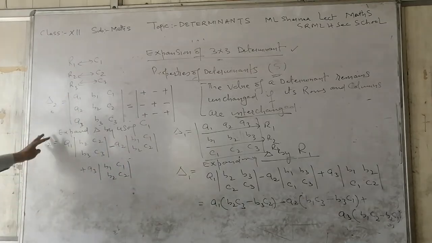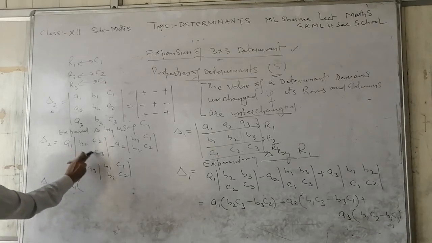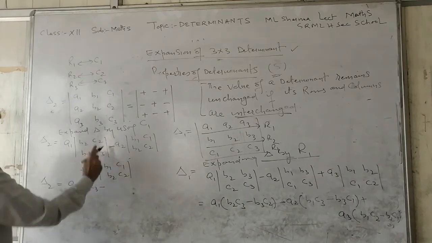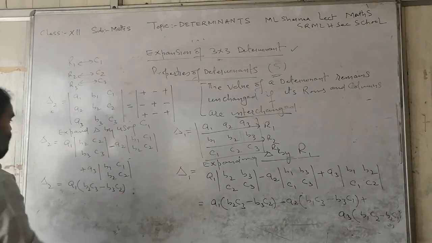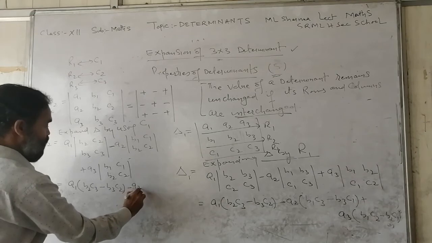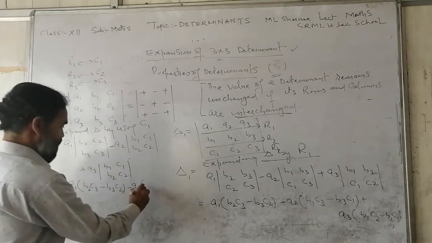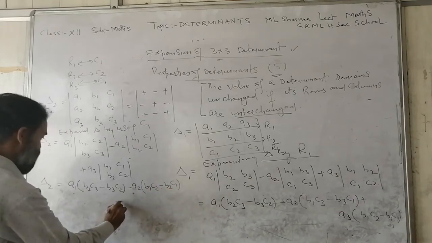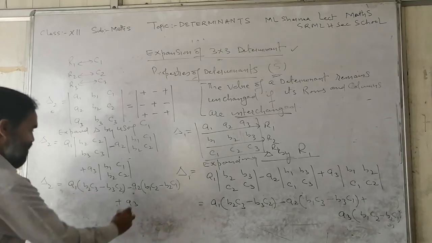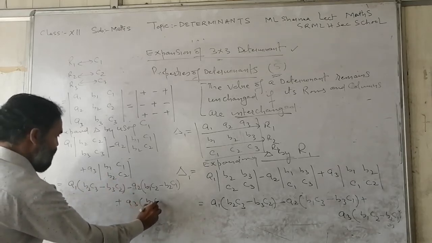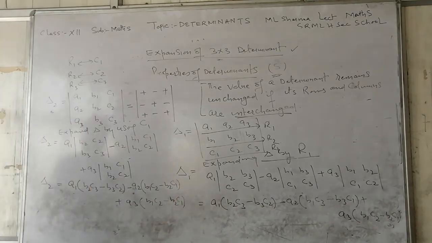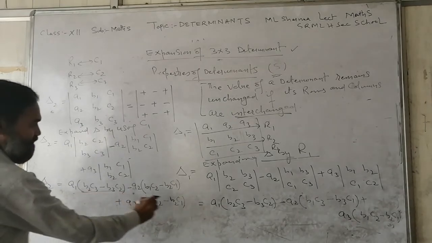So if I expand this determinant delta 2, this will be A1 (B2 C3 minus B3 C2), then minus A2 (B1 C3 minus B3 C1), then plus A3 (B1 C2 minus B2 C1). So this determinant is equivalent to this determinant.